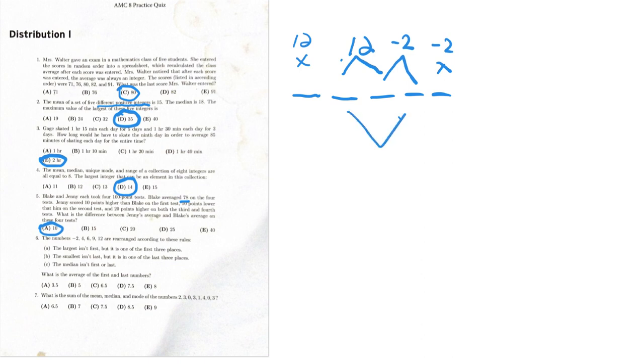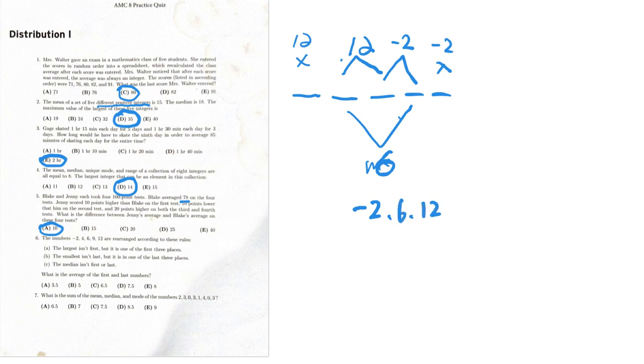The median in this one is 6, so I put the 6 here. So the restriction tells us the middle 3 numbers are negative 2, 6, and 12.